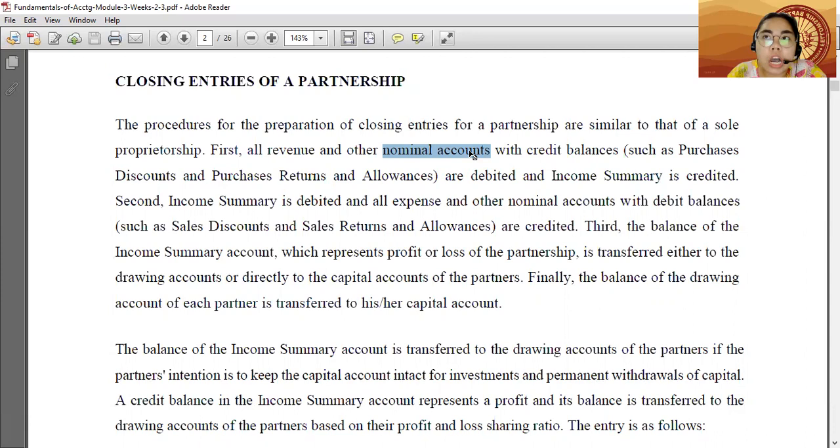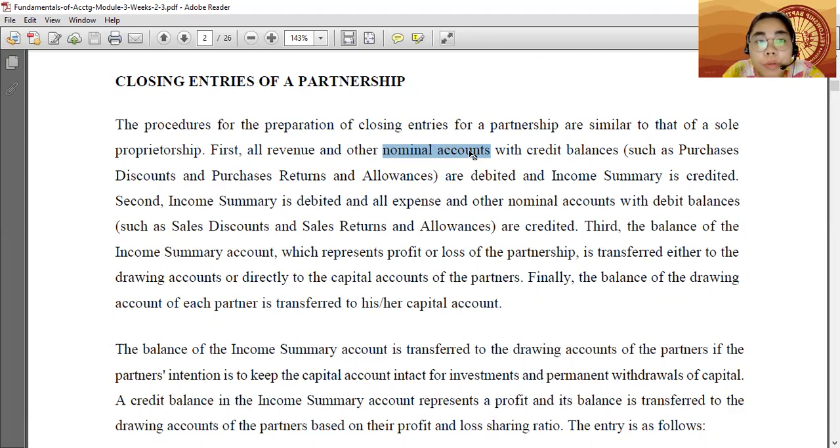These accounts are not carried over onto the next accounting period, so these are temporary accounts. Temporary accounts consist of our revenue accounts and expense accounts. So, revenue and other nominal accounts with credit balances.